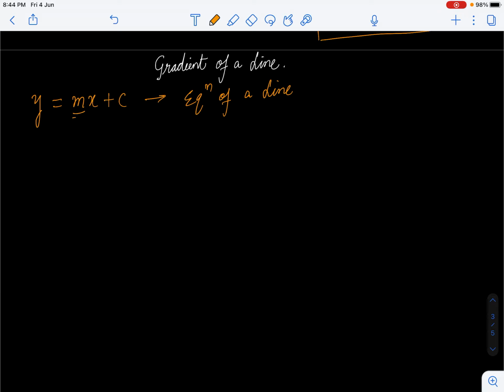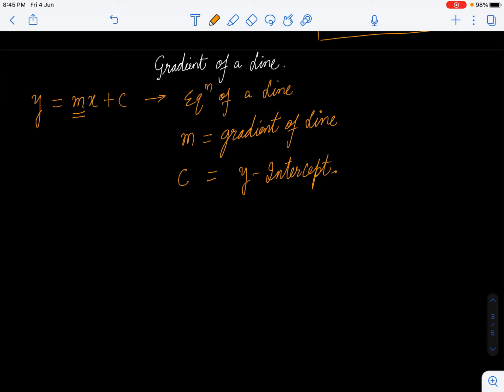This m is known as the gradient of a line, and this c is known as the y-intercept, or sometimes we call it the y-axis intercept also. One and the same thing. That's why this form is known as slope intercept form or gradient intercept form.